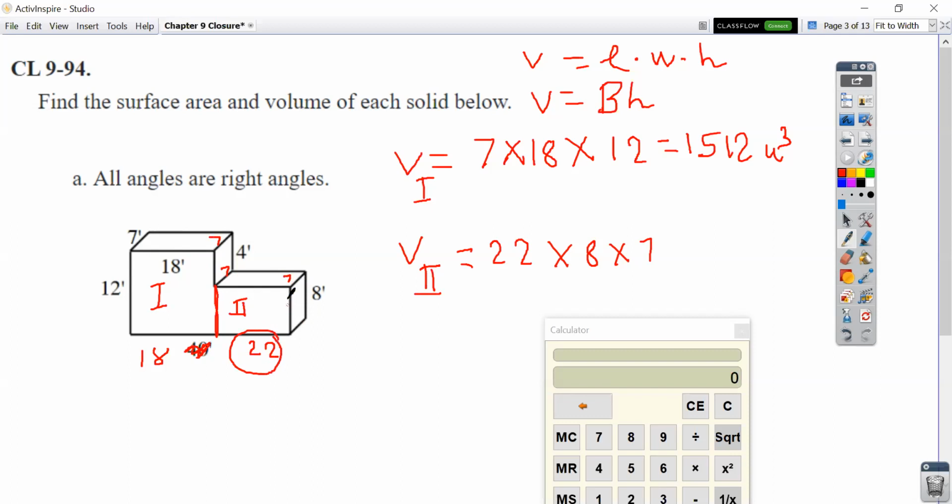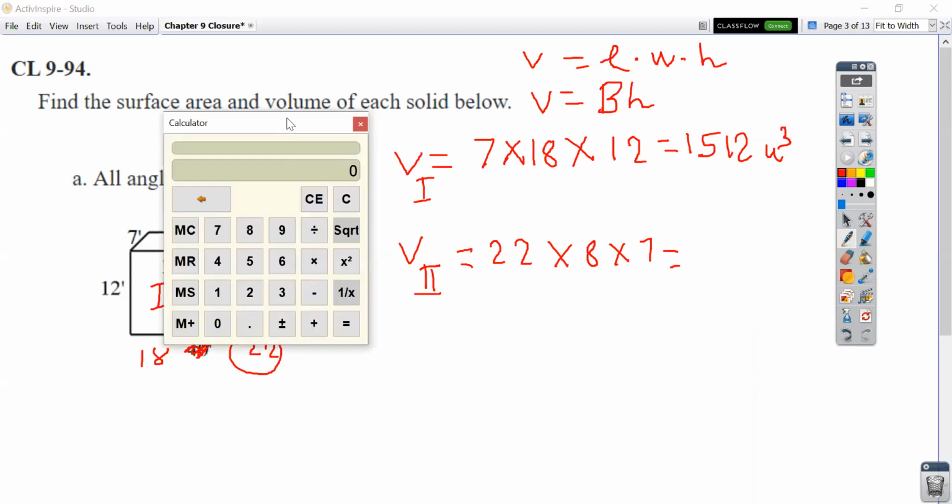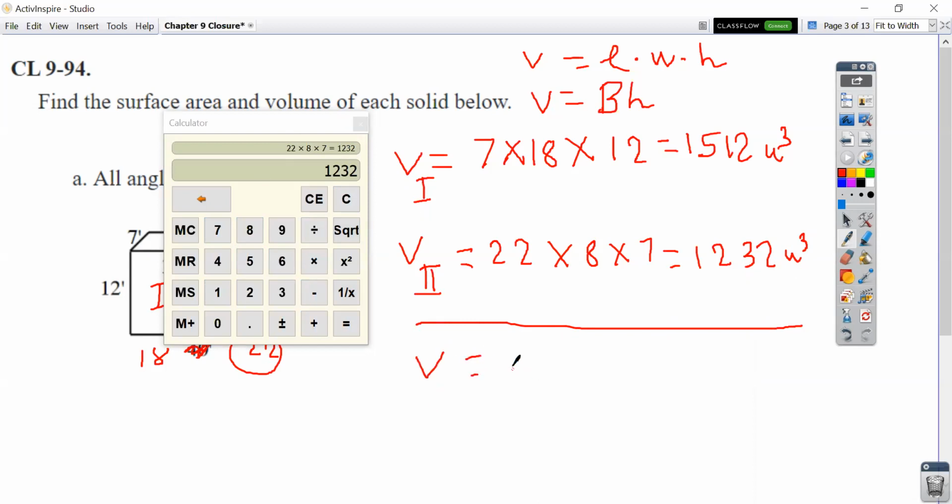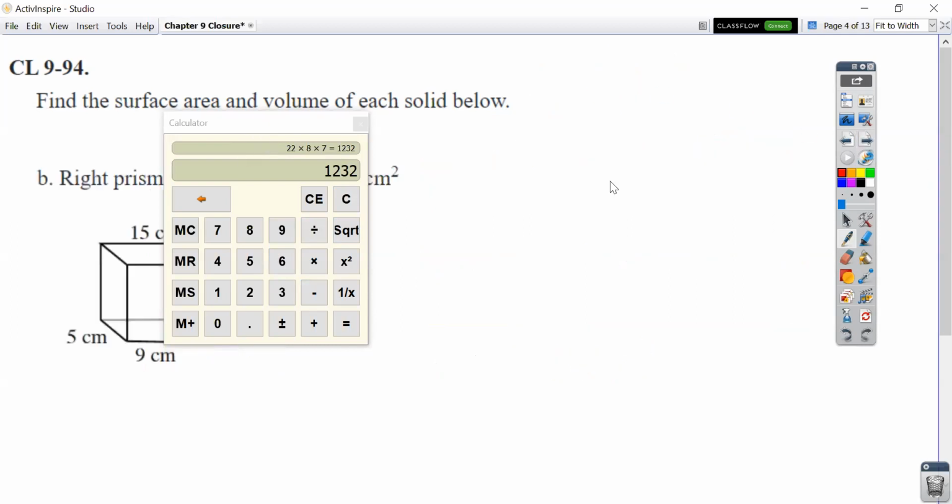Multiply these 3 numbers together: 22 times 8 times 7 gives 1,232 cubic units. So when we add these 2 volumes together, we should get 2,744 cubic units.